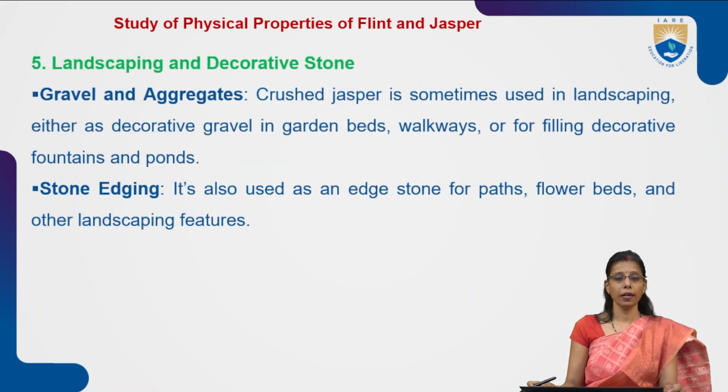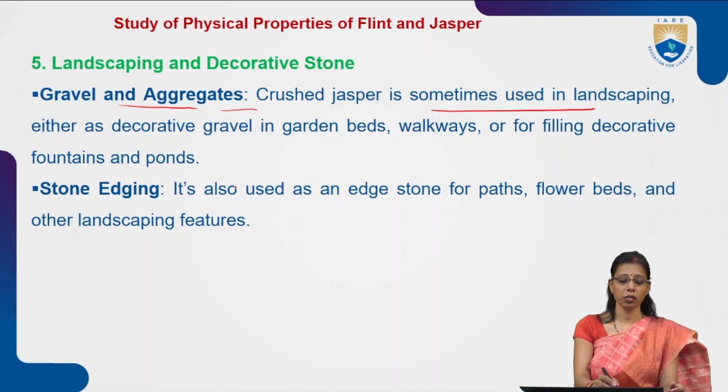Now, landscaping and decorative stones. Gravel and aggregates of jasper are crushed. Jasper is sometimes used in landscaping, either as decorative gravel in garden beds or walkways, or for filling decorative fountains or ponds.